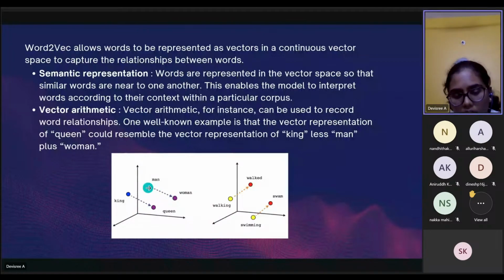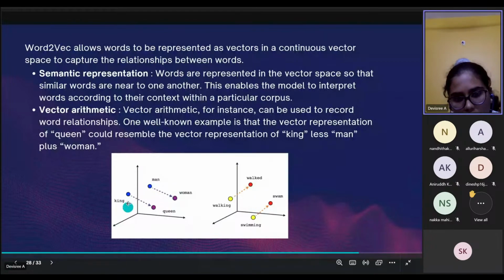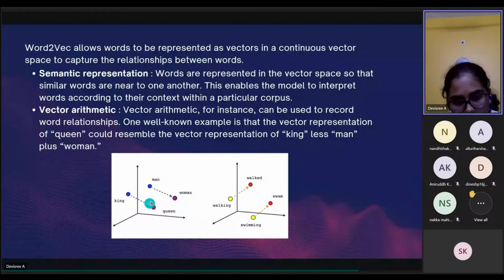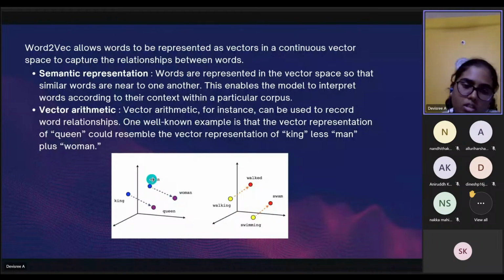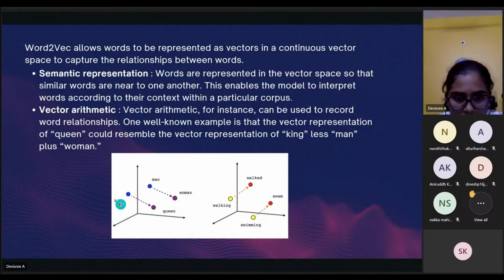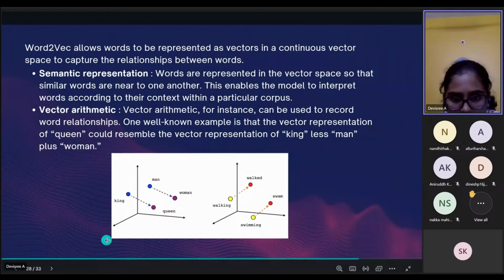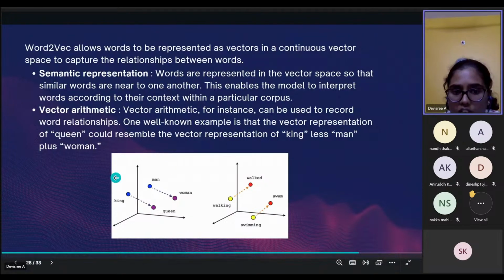So the man to woman vector is in this direction. Similarly, the king to queen vector is in this direction. So you can say this vector represents the change of gender from male to female. So for a particular word relationship, it has the same vector.